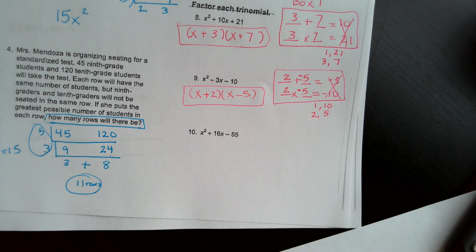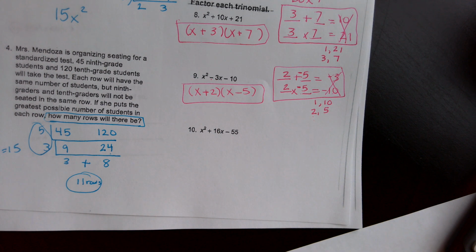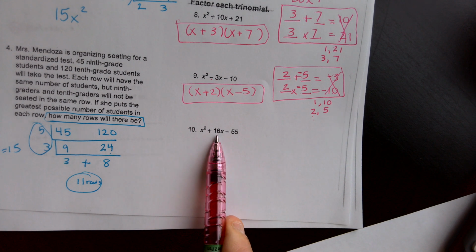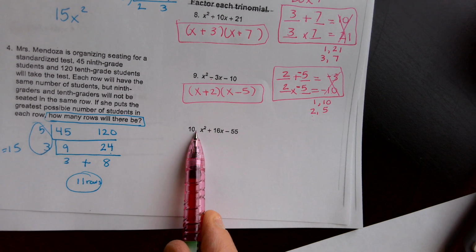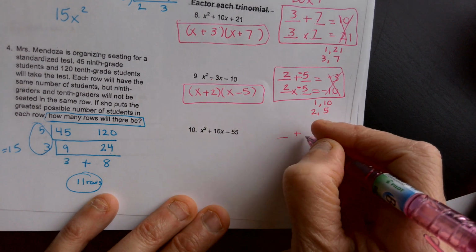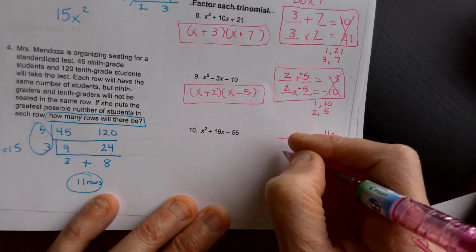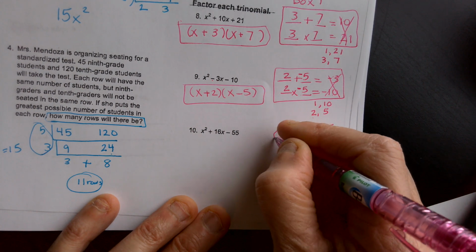All right, next one. I go to it. I say, all right, is there a GCF here? Nope. Number before the x squared is a 1. All right, box 1 again. Let's solve that.